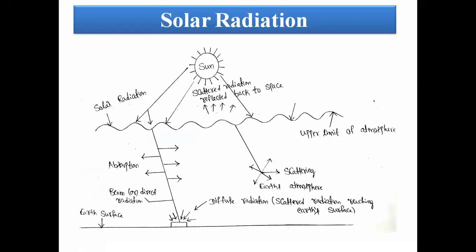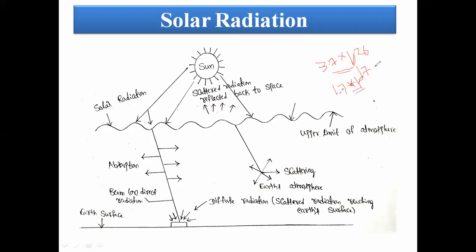Actually, in space, the available energy is 3.7 into 10 to the power of 26 watts, but only 1.7 into 10 to the power of 17 watts reaches the Earth's surface.